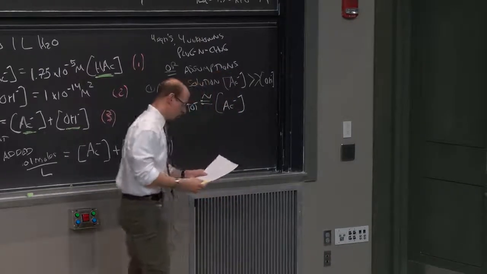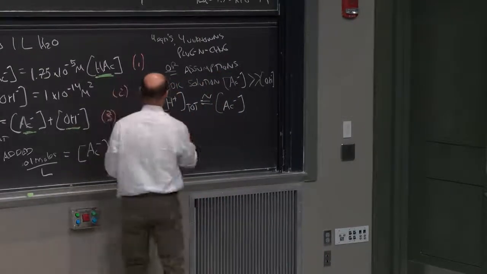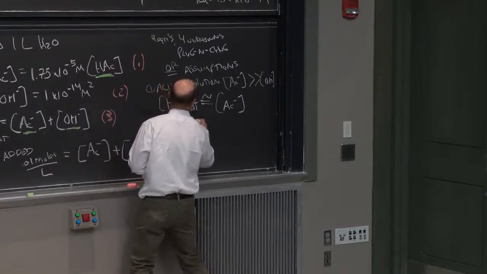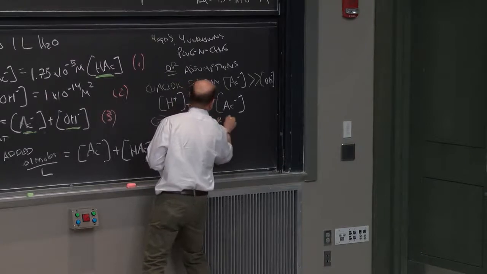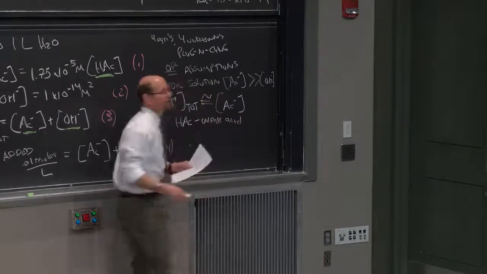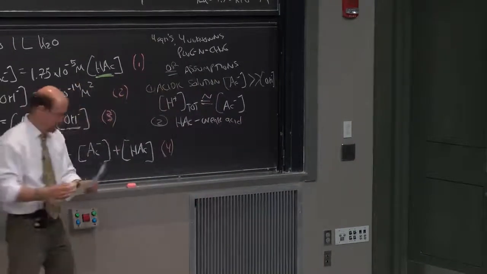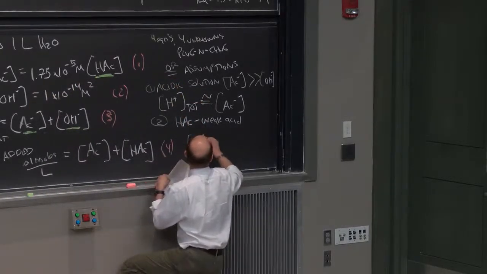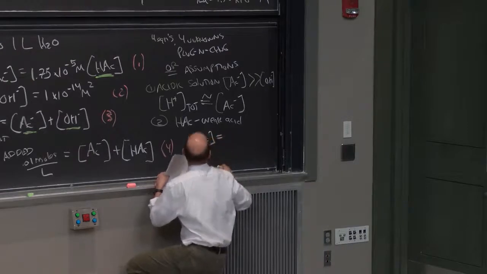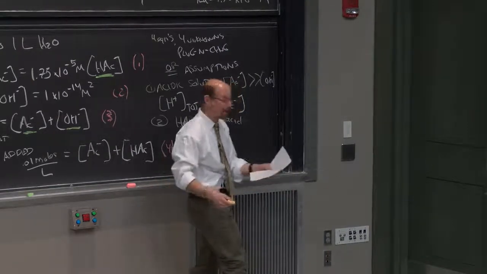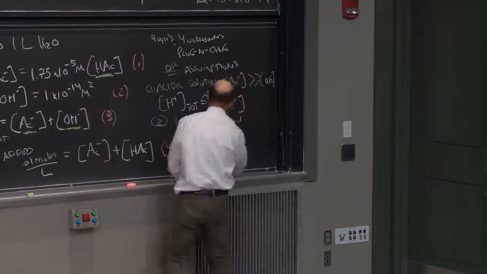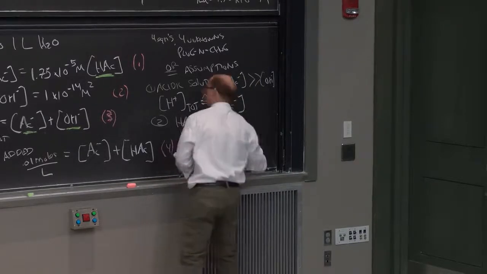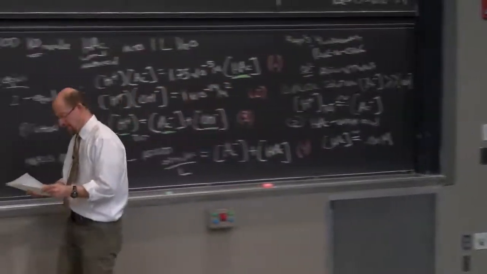That doesn't seem so unreasonable. The second assumption we can make is I told you that acetic acid is a weak acid, so it doesn't dissociate very extensively. So maybe the concentration of acetic acid at the end isn't that dissimilar from what I added, because not a lot of it dissociated. So I can say that maybe this is about equal to the amount I added, 0.01 molar.